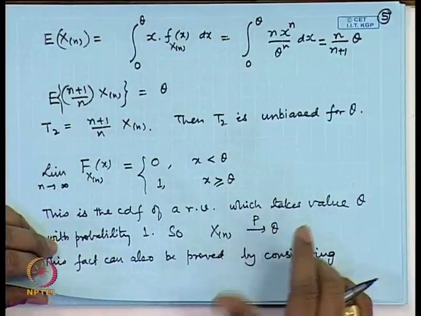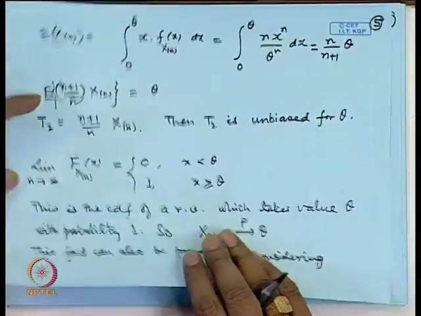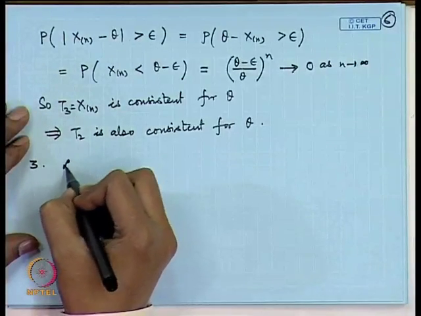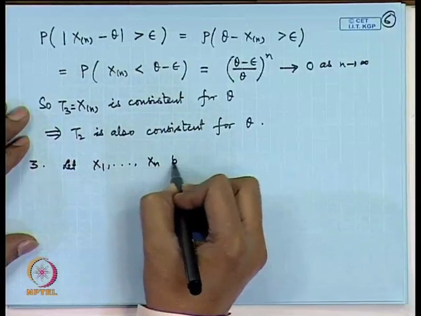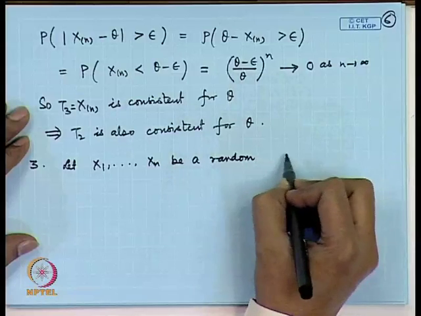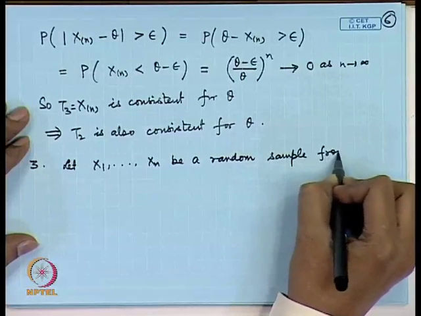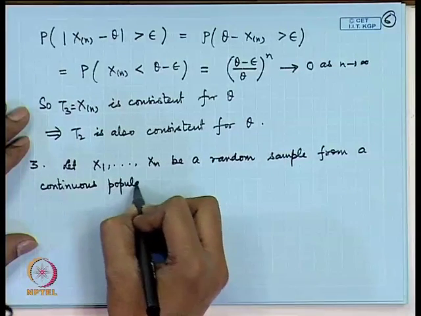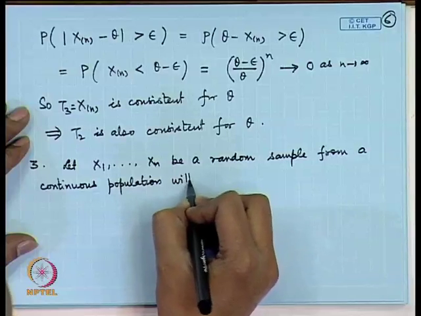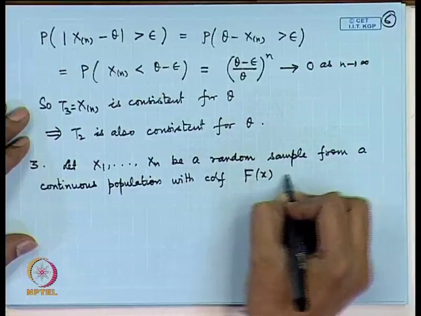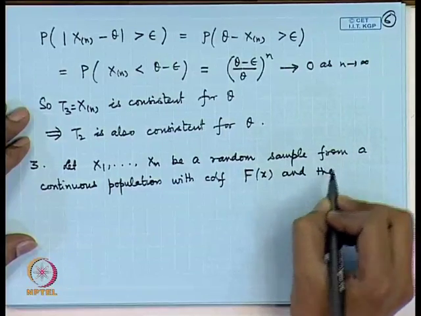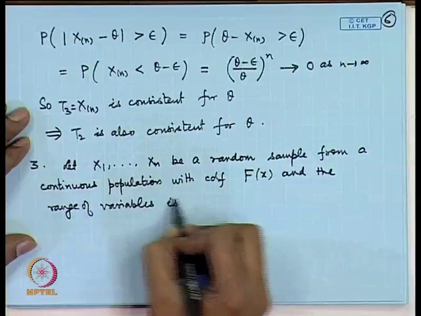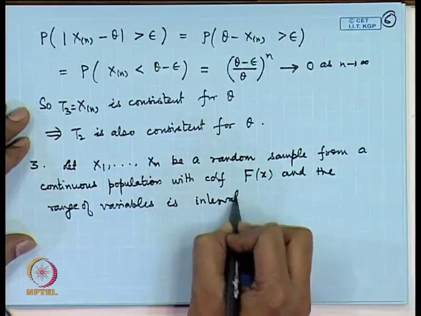In fact, if we have any continuous distributions, then this is a general fact. So, I will state it in the following results. So, let me give it as exercise. Let x 1, x 2, x n be a random sample from a continuous population with CDF say capital F x, and the range of variables is interval a to b.